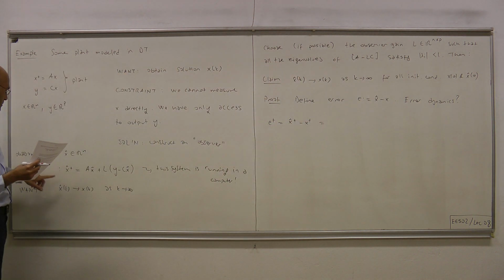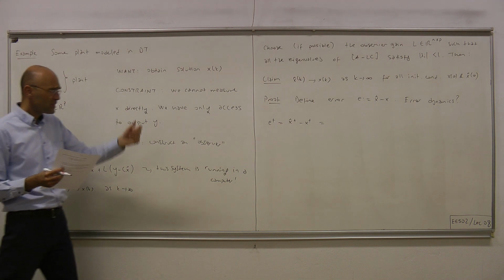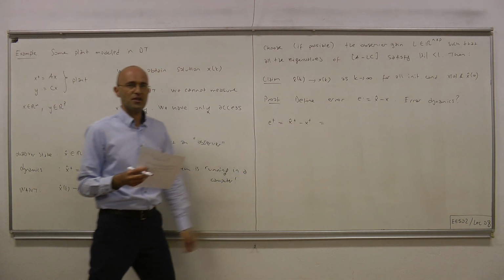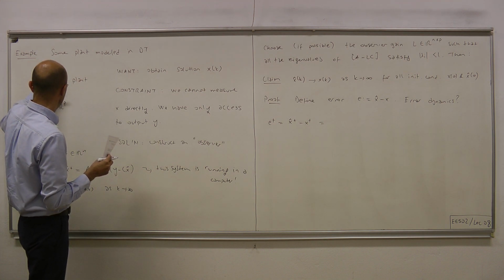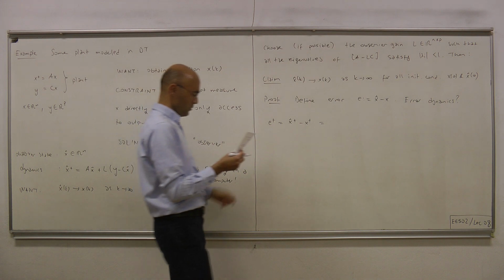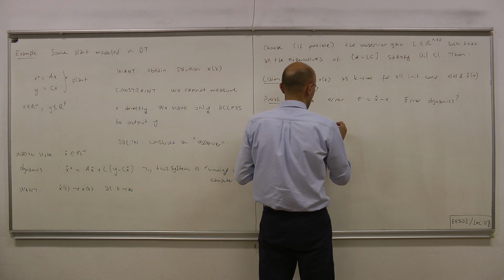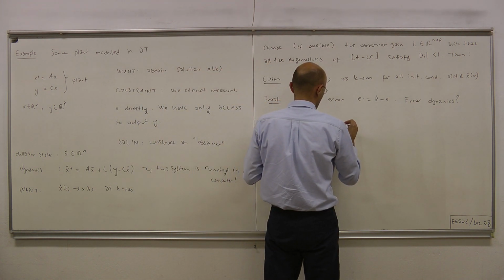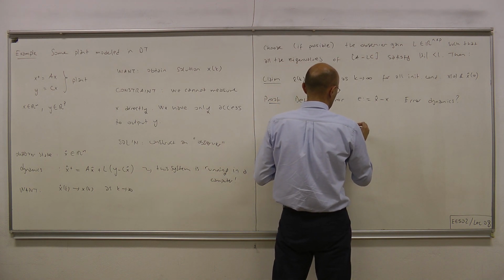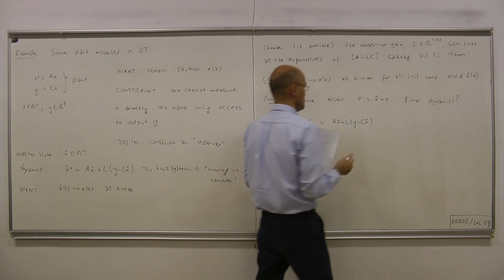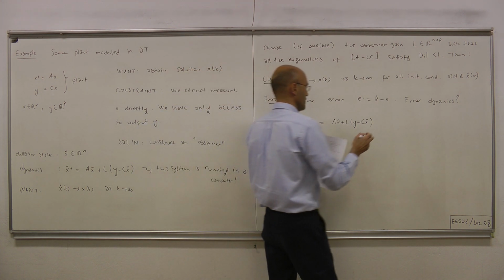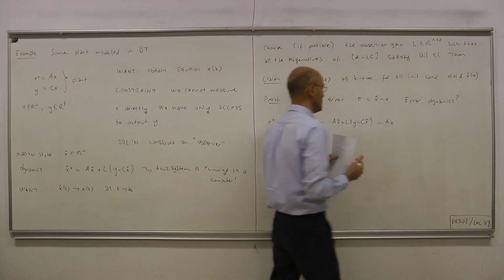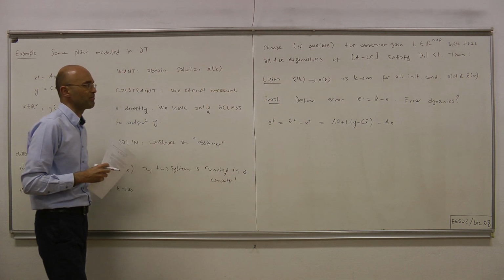So let's replace x hat plus and x plus with the right-hand sides. So what we have is A x hat plus L (y minus C x hat), minus x plus, and x plus is simply Ax.